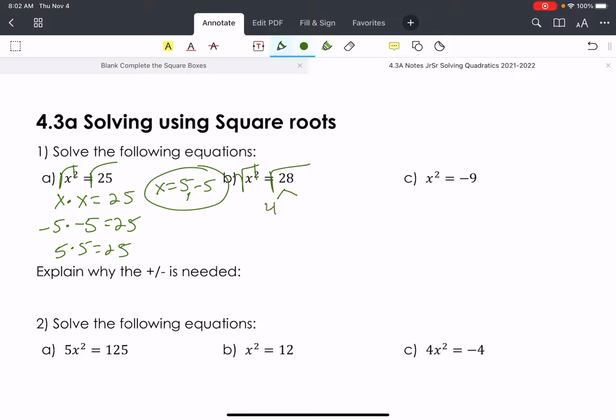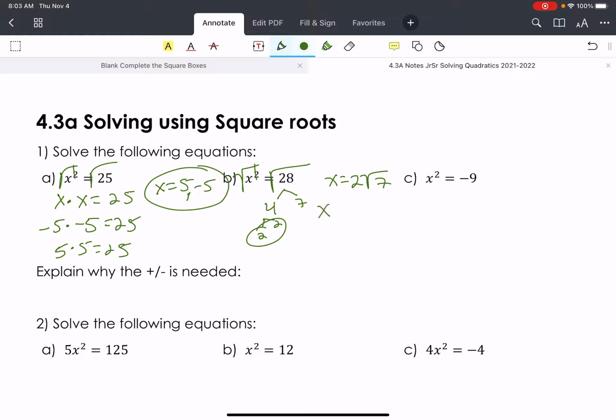Good. Must have 4 times 7. 7's done, so then I can go to 2 and 2, right? So x equals 2, the pair comes outside, square root 7, right? But guess what?